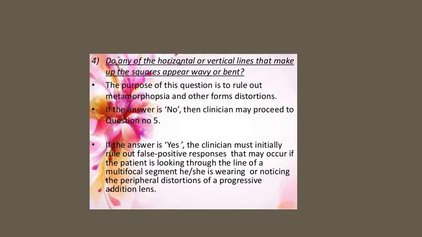Then we have to ask about the horizontal and vertical lines that make up the square. Are these lines straight, or are they appearing wavy or bent? If the patient's answer is no, then we can proceed to the next question. But if the patient's answer is yes, we have to initially rule out false positive responses that may occur if the patient is looking through the line of a multifocal segment he or she is wearing, or noticing the peripheral distortions of a progressive addition lens.